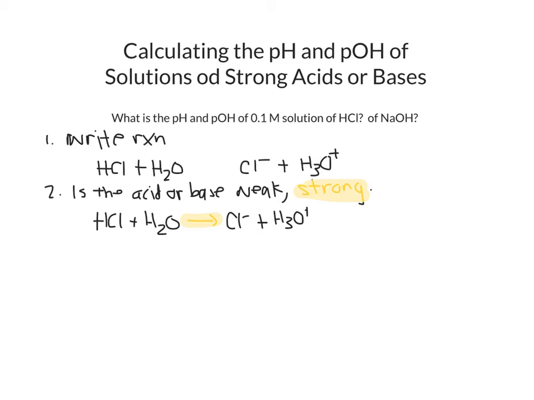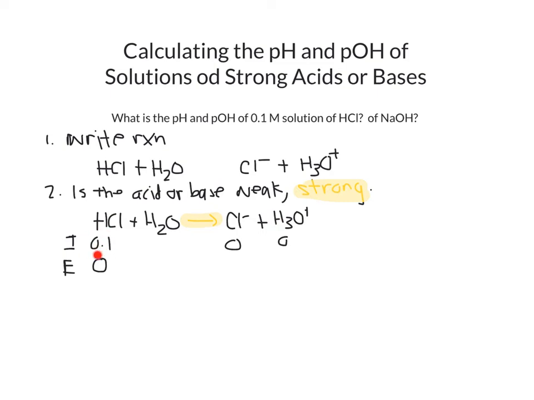And so if I start with initially 0.1 molar of the HCl, and I don't have any of these, what I know is that all of this is going to be used up, and to use all of that up, I have to make an equal amount of Cl minus and H3O plus because one of these makes one of these and one of these.